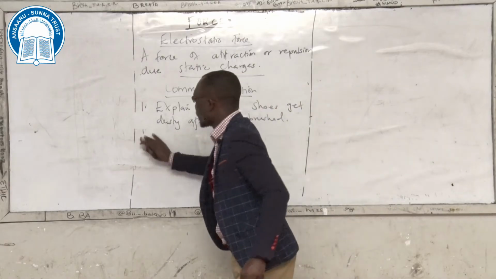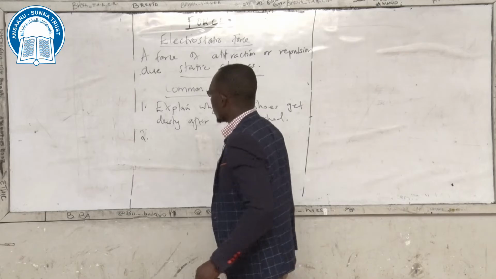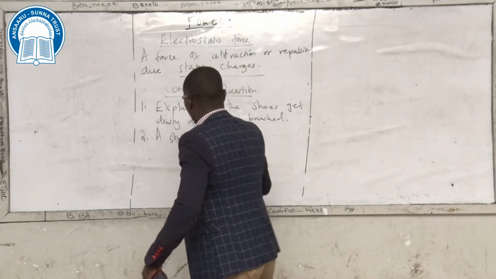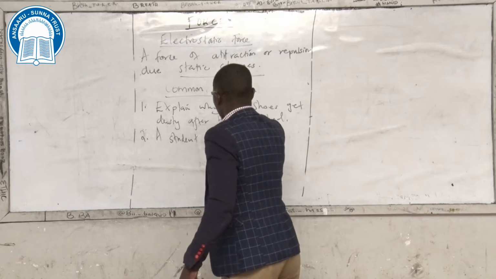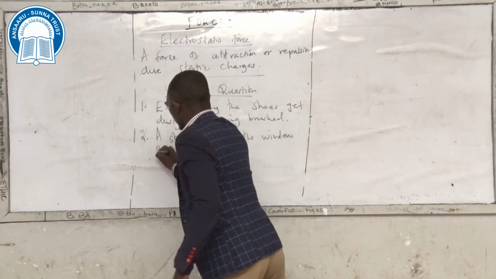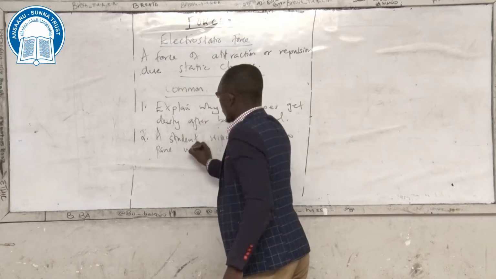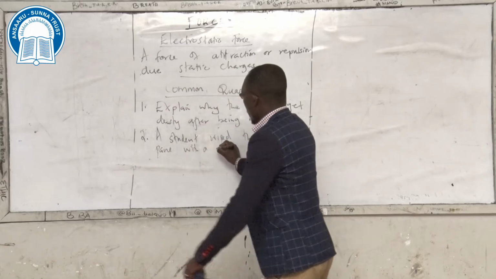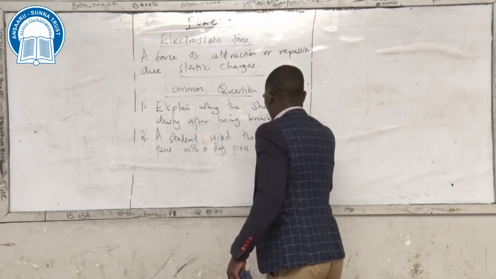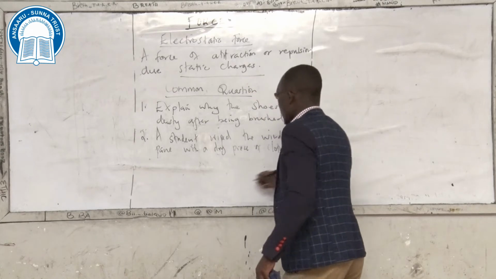Question number 2. You'll be asked to explain: a student wiped the window pane with a dry piece of cloth on a dry day.